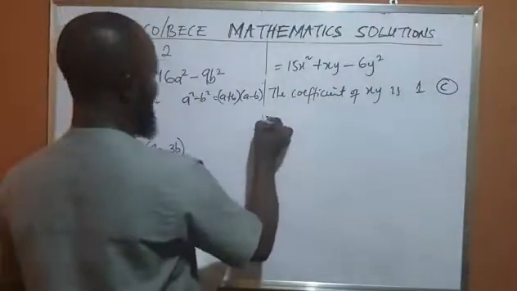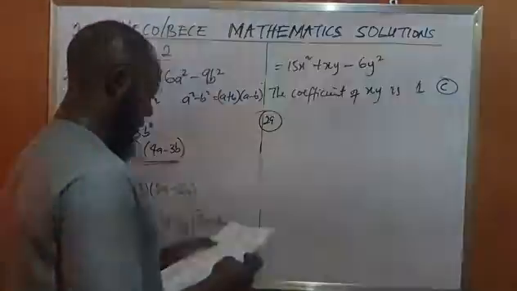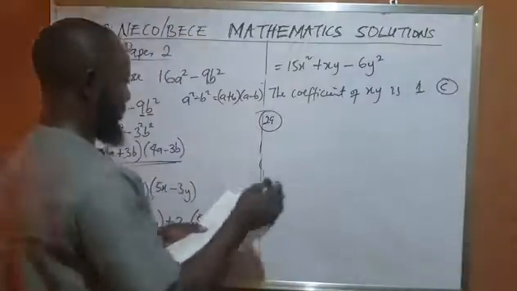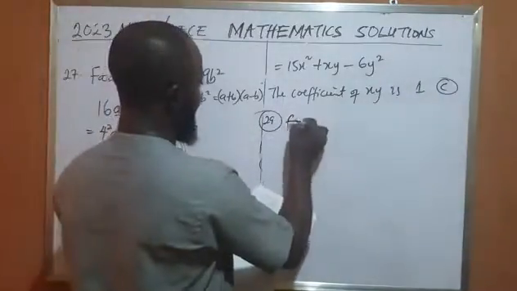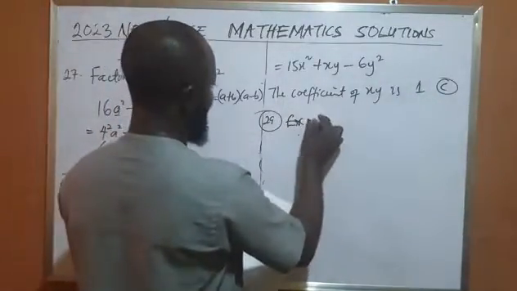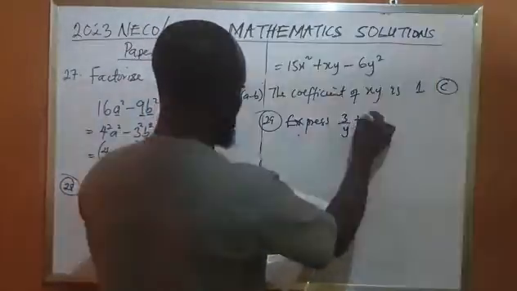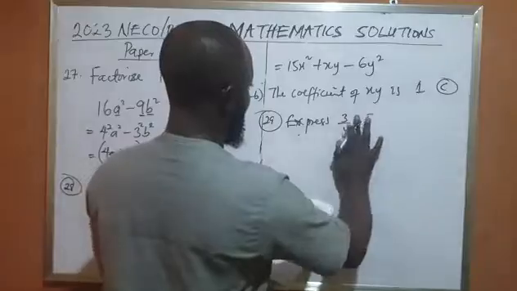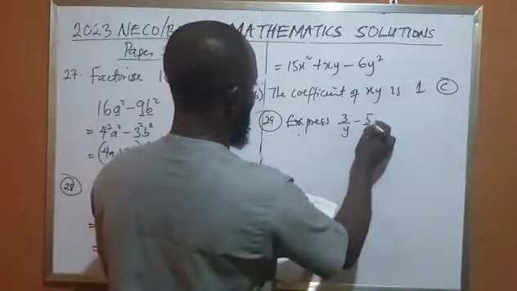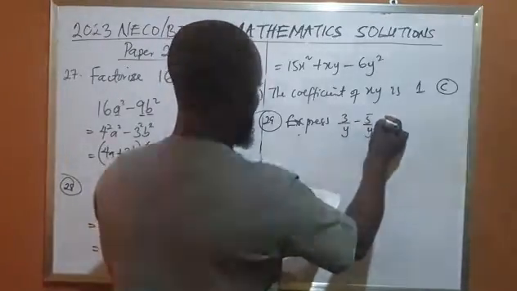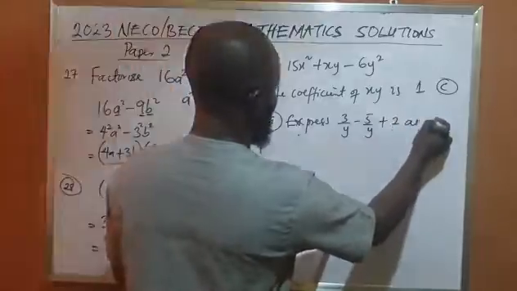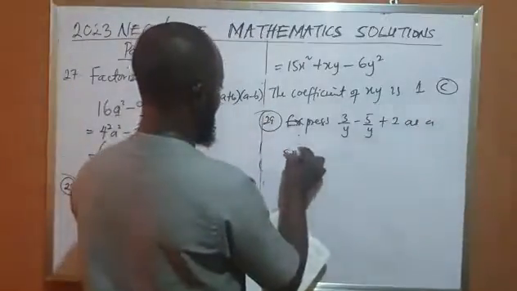So question 29. You have to express 3 over y plus 5, minus 5 over y plus 2, as a single fraction.